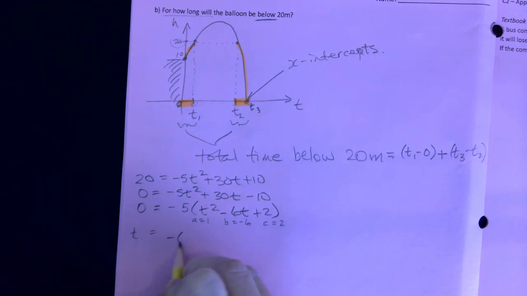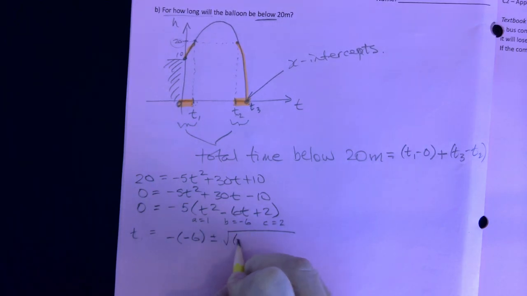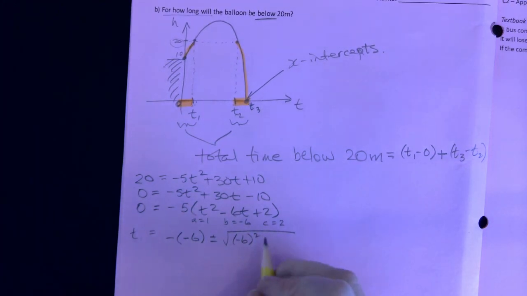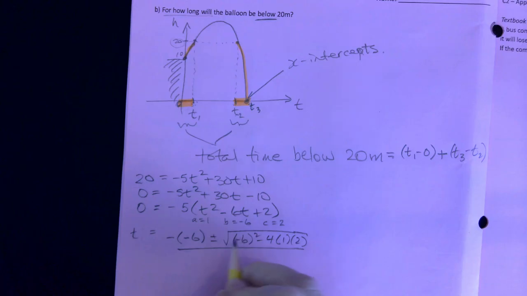So negative B, be careful when you have negative, plus or minus the square root of B squared, put that in brackets please, otherwise the negative doesn't get squared, minus 4 times 1 times 2, over 2 times 1.